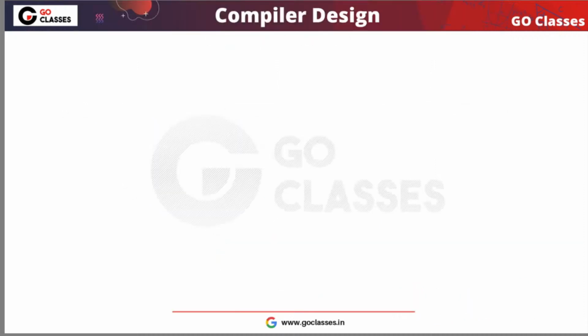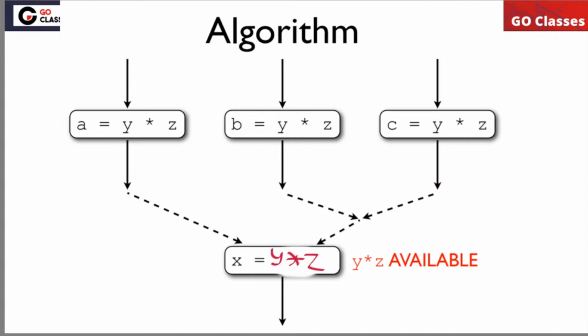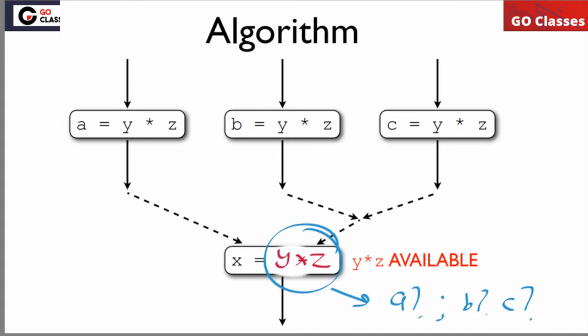So what your compiler will actually do, let me tell you. If you are coming by this path, the compiler will compute and put t equal to y into z.